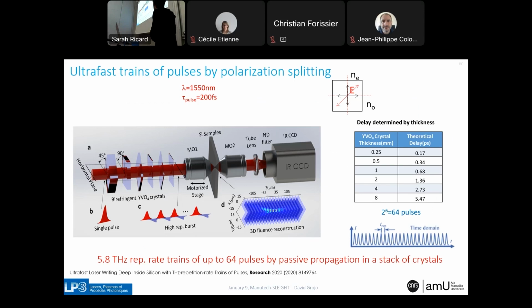So with a properly engineered stack of 6 crystals, we have the possibility to create trains of 64 pulses, 2 to the power 6, at a repetition rate of more than a terahertz, so much faster than what we need in principle based on our analysis.